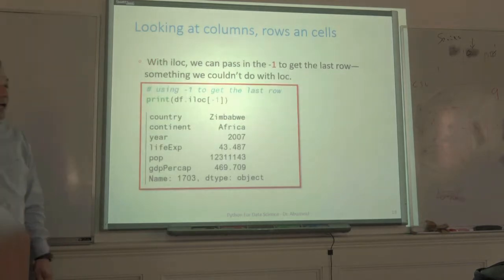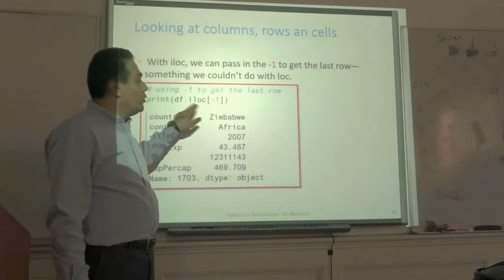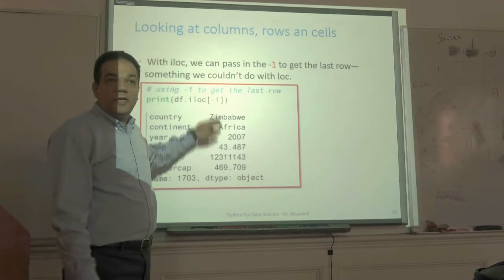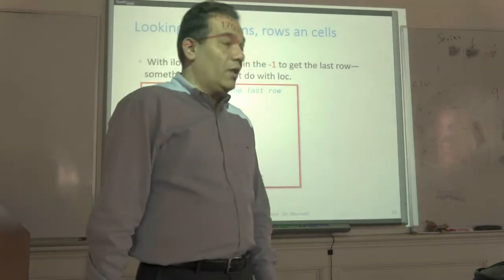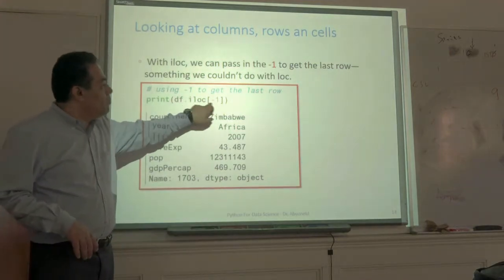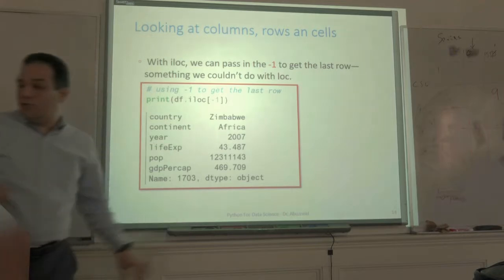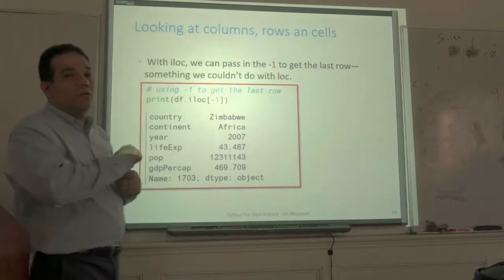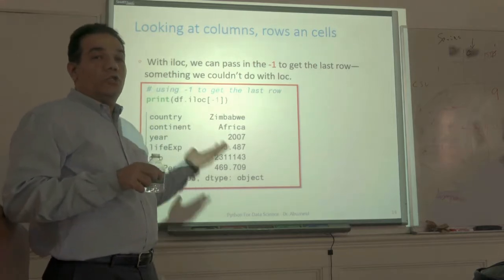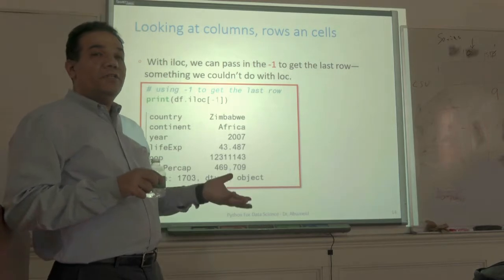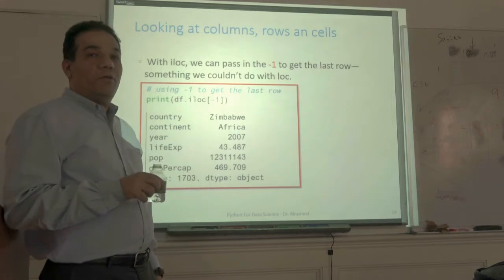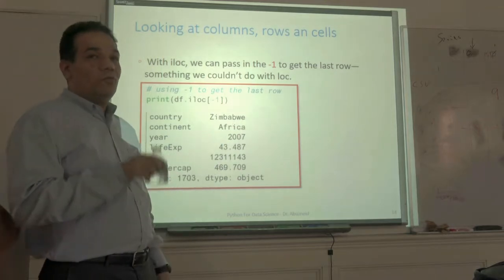In iloc, I could access the last record by -1, like we did with subsetting before. So -1 in any subsetting in Python means the last record, right? So when I say df.iloc -1, it printed the last record, yes. So iloc is always going to be a number, but loc can also be another value. Exactly. In our example, the index number and the index value are the same, so both work, but in other examples it will not work.